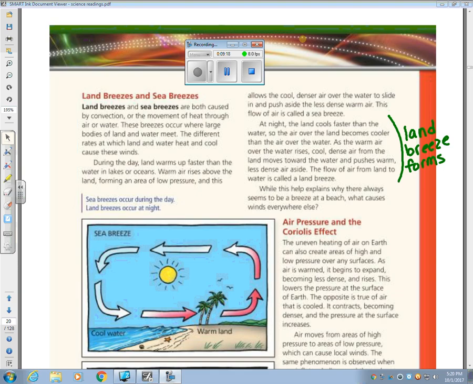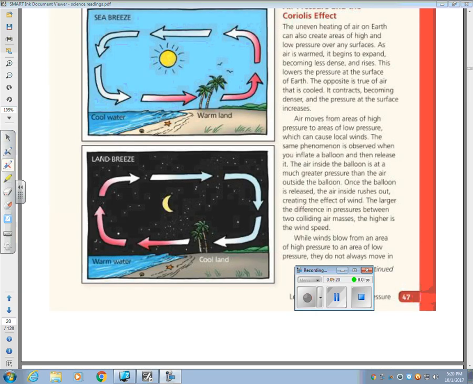So let's look at this picture of the land breeze at night. If you'll notice, the water is warmer. So the warm air above the water rises. Again, the warm air rises.